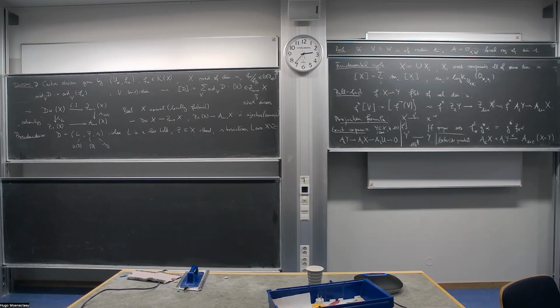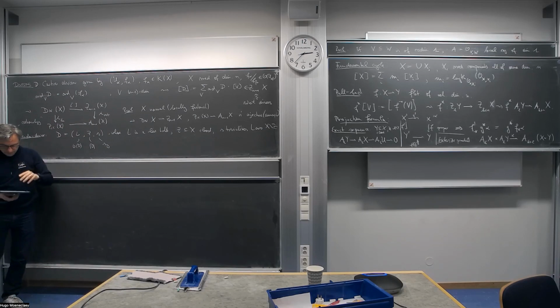I won't say much more about this construction, but the idea is that we can relatively easily generalize Cartier divisors to something that we can actually pull back, by remembering where it is defined or not defined.